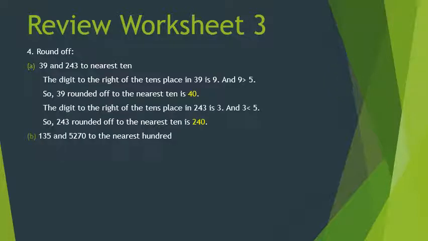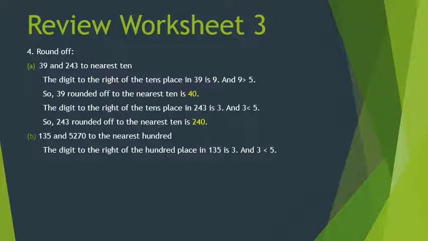Now let's come to the B part of this question. Round off 135 and 5270 to the nearest 100. First of all, take the number 135. The digit to the right of the 100 place, because we have to round off to the 100 place, in 135 is 3.